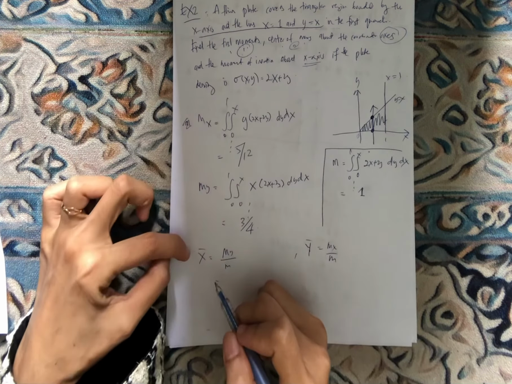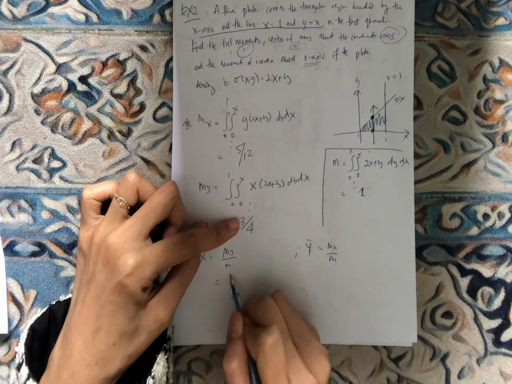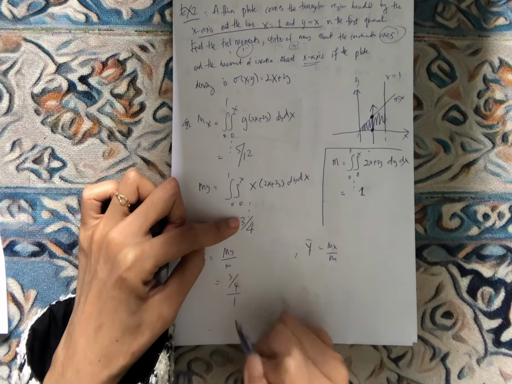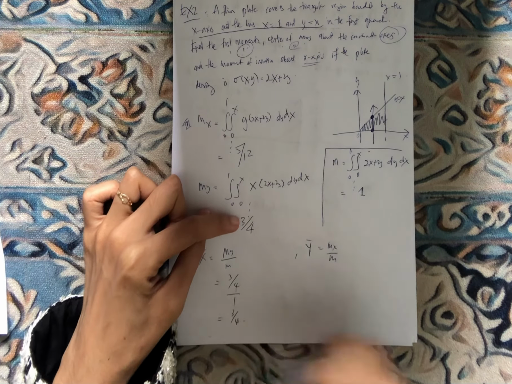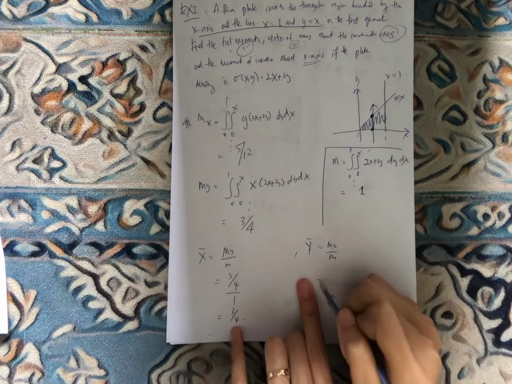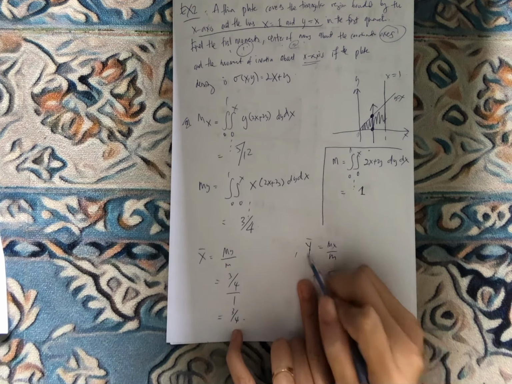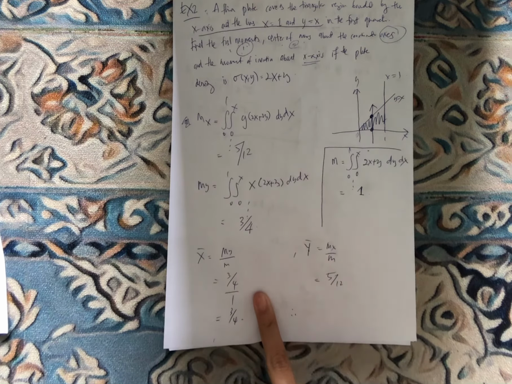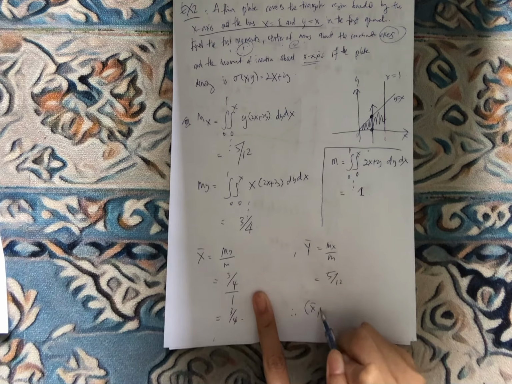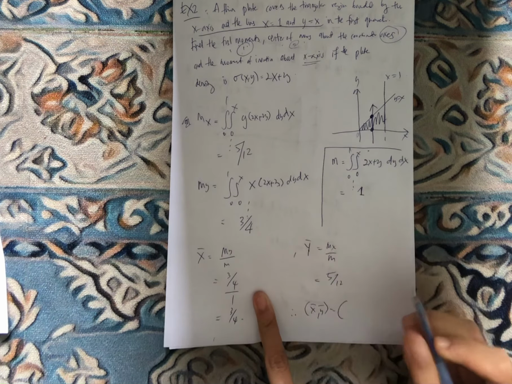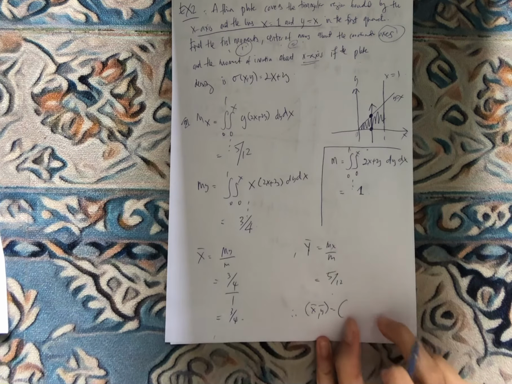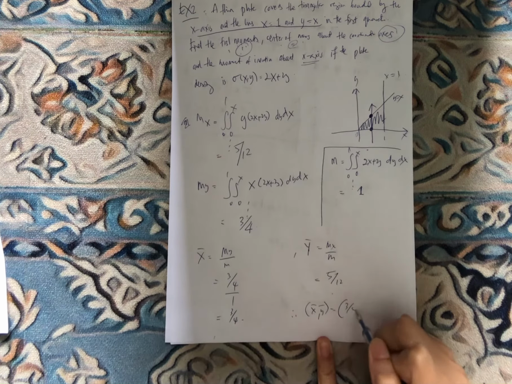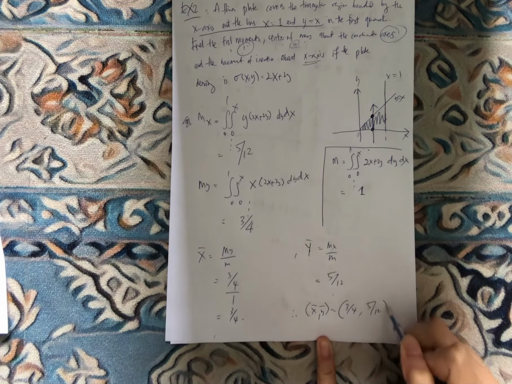So x bar is My over m, 3 over 4 over 1, so the answer is still 3 over 4. And for y bar, to make it proper, I suggest you write it in the form of coordinates. So this is 3 over 4, 5 over 12.